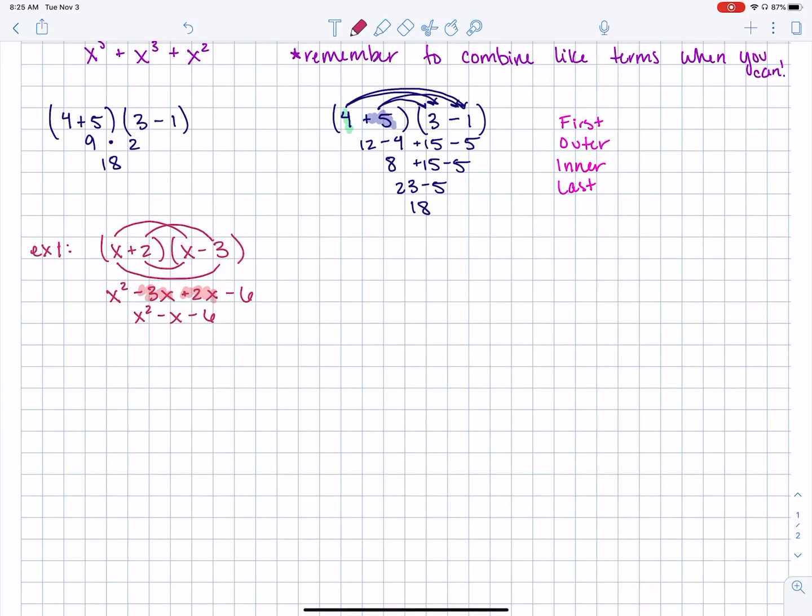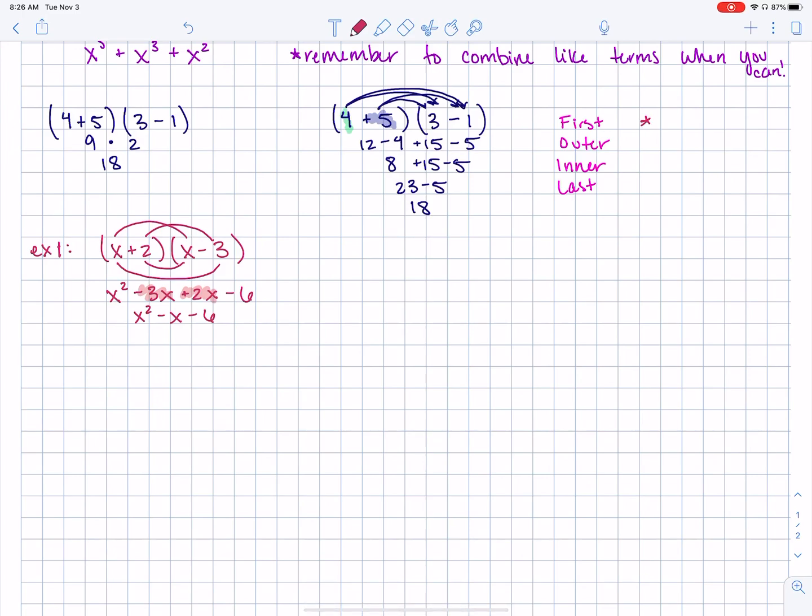So when you are multiplying two linear binomials, you get a quadratic trinomial. Now, I'm going to make a note here about our first, outer, inner, last.